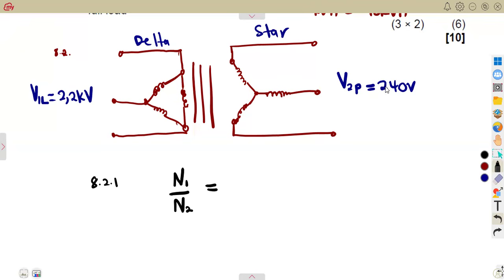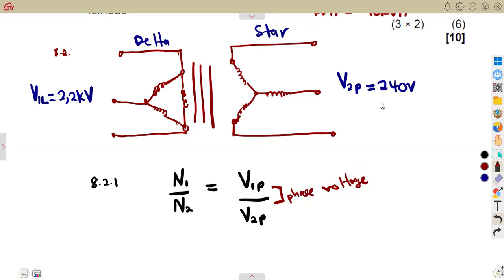So what do we consider on a three-phase? We consider the phase voltage of the primary to the phase voltage of the secondary. It must be the phase voltage. In this case, we do not have V1, the phase voltage of the primary.